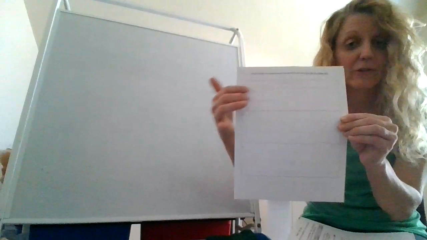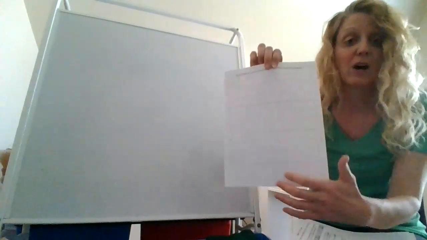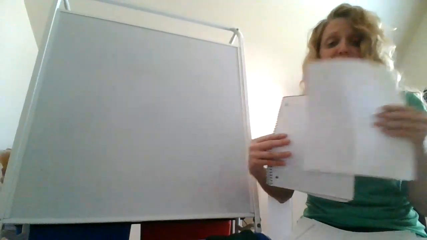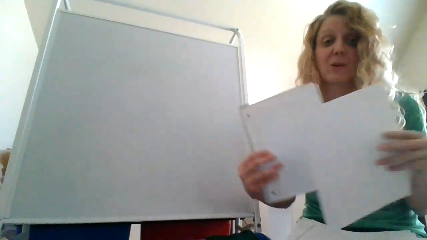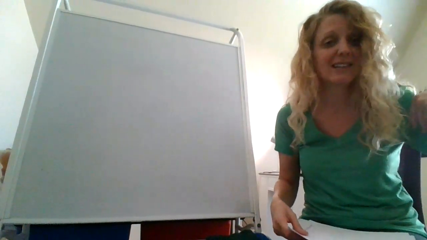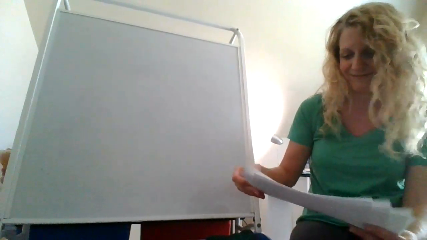So I'd like to know 3 things that you learned from reading this story. If you cannot print this off, it's okay. Remember, you can use any blank paper or notebook paper you have at your house and just write 3 things. Your parents can still take a picture of all this at the end of the week and email it to me. So it doesn't matter to me what paper you have it on.